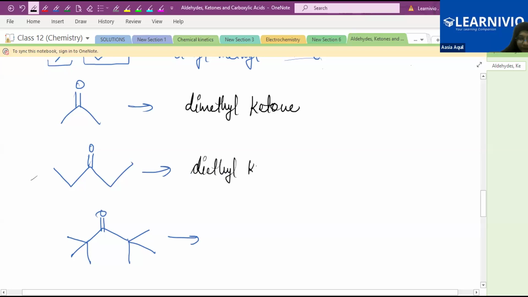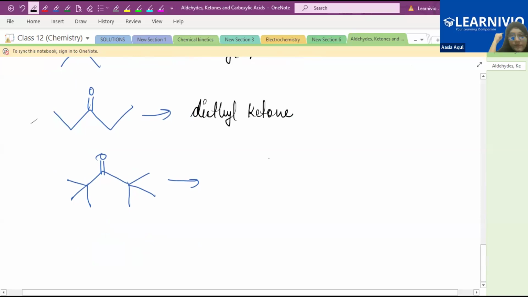Just check which type of group is present. This carbon is further attached to three groups, so this is a tertiary group. You write tertiary combined. This carbon is further attached to three methyl groups, CH3, CH3, CH3. So these three carbons and one carbon make a butyl group, tertiary butyl.